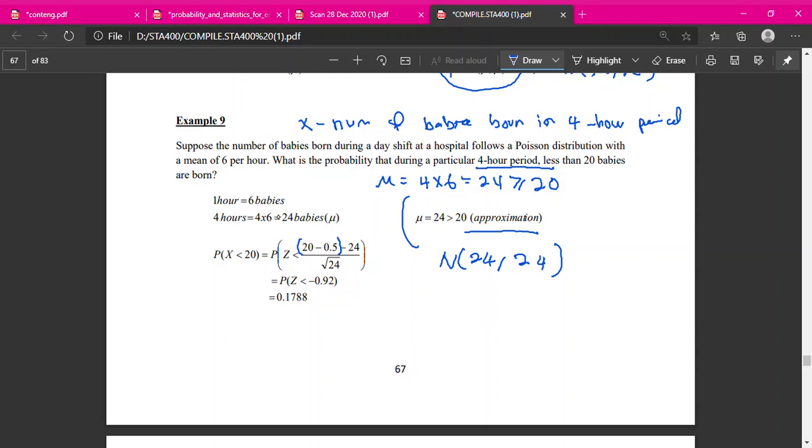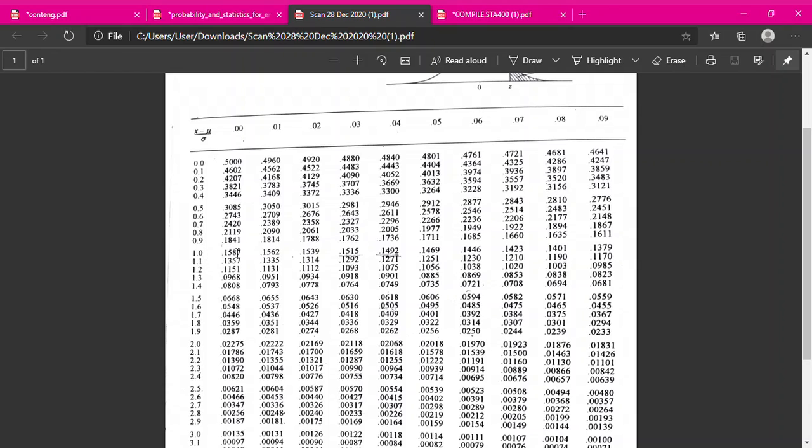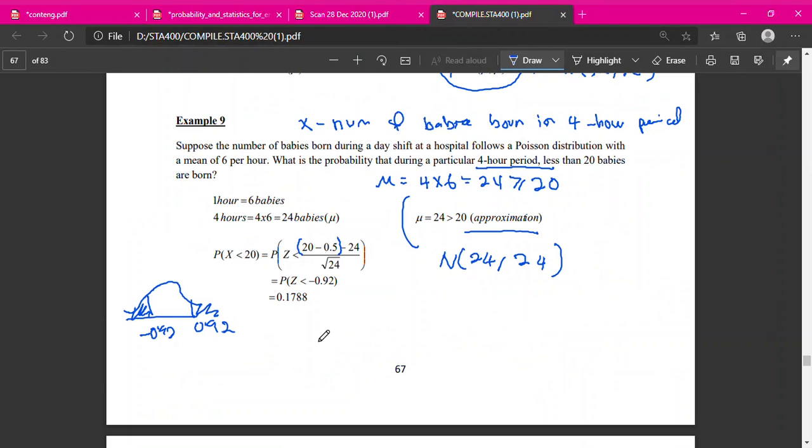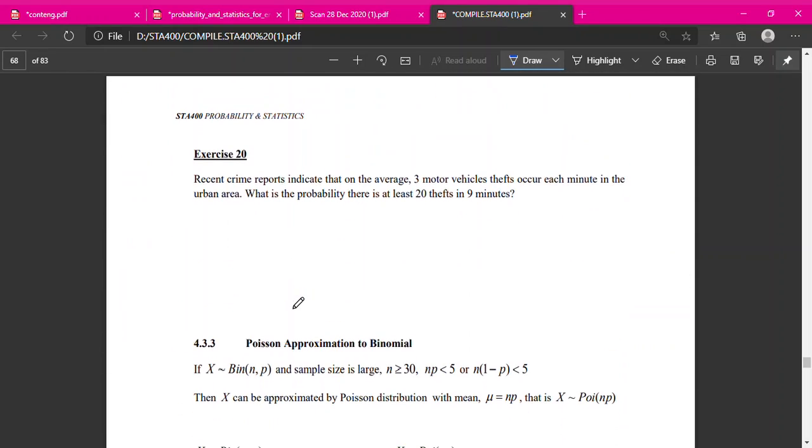So, macam biasa cari guna table. Kat sini, less than negative, so nak sebelah sini. So, sama juga dengan more than positive value. Okay, so tengok macam biasalah 0.92. The answer is 0.1788. Okay, let's see another example.